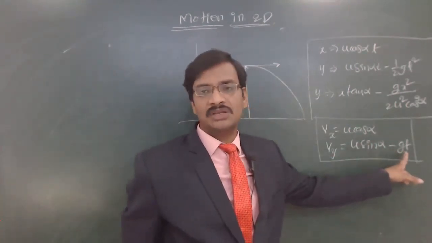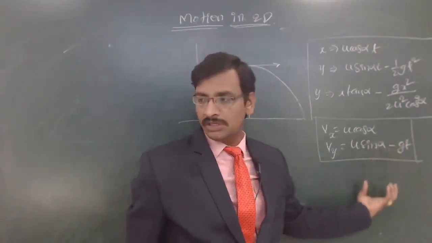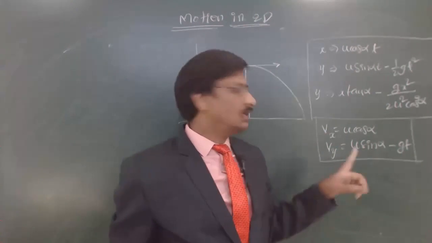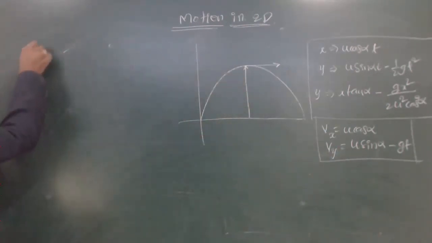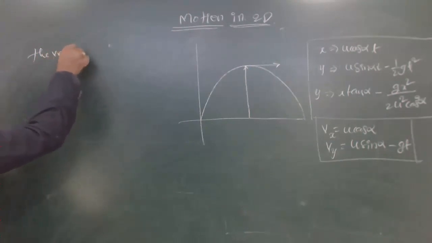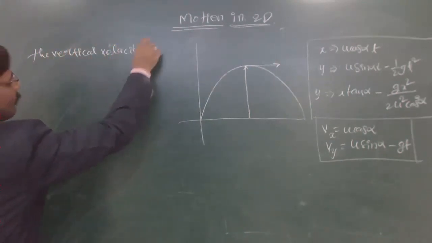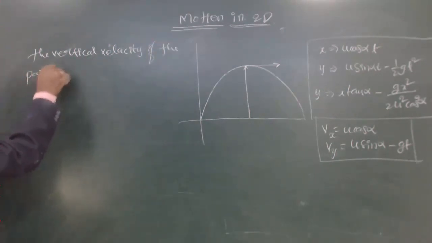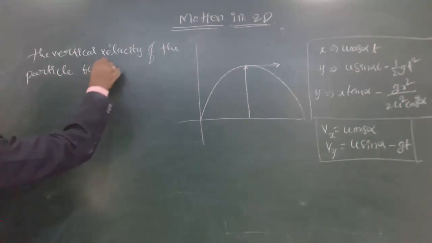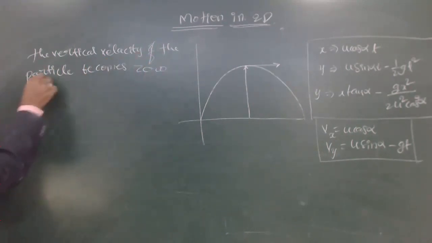As t keeps on increasing, the gt product increases and u sin alpha minus gt is going to be decreasing, and finally at one instant it will become 0. That instant will be when the vertical velocity of the particle becomes 0 at the highest point.